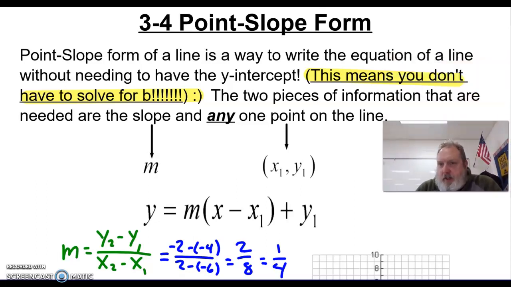So today we're going to start section 3.4, which is point slope form. This is very similar to slope intercept form. When we did slope intercept form, your intercept was a point on the y-axis. And then from that y-intercept point, we calculated out the slope and we were able to graph our line.